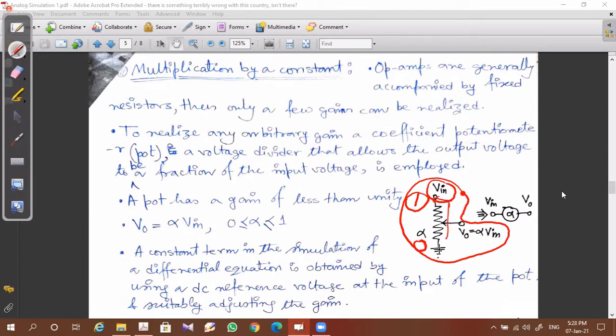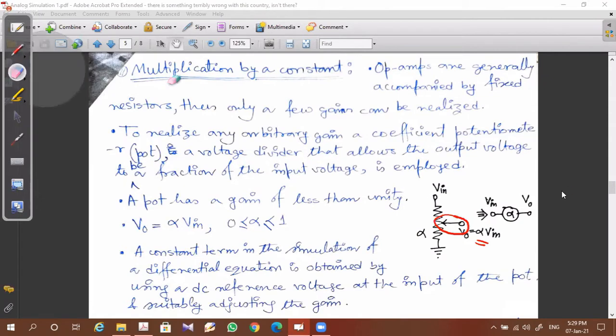But when it is 0, that means you're not getting any voltage at all. It is grounded. So by changing the location of this, you can change the value of alpha. But it will be within 0 and 1. Okay, not beyond 1. So any coefficient that is 0 to 1 can be easily fabricated using this system.